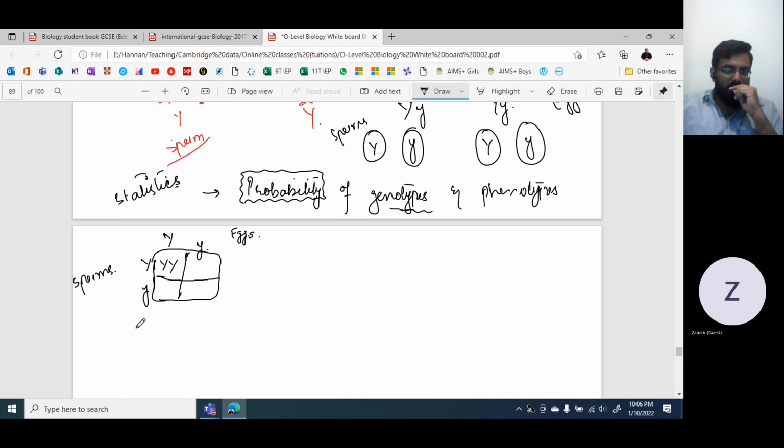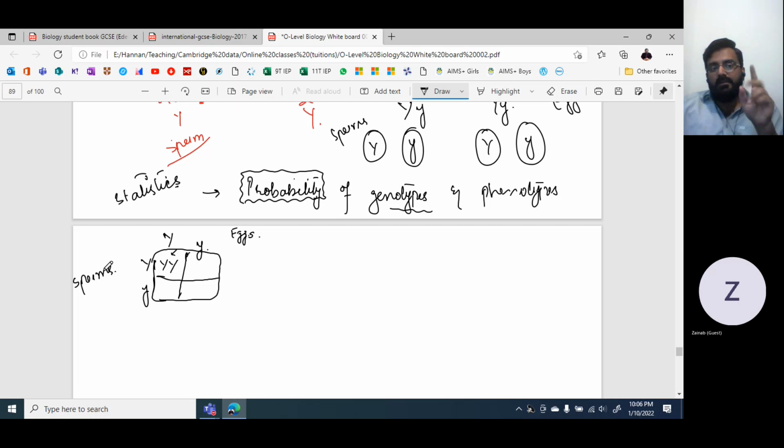What should be the genotype of this expression? Oh, sorry, could you repeat it, sir? What should be the genotype of this expression? It should be homozygous dominant.